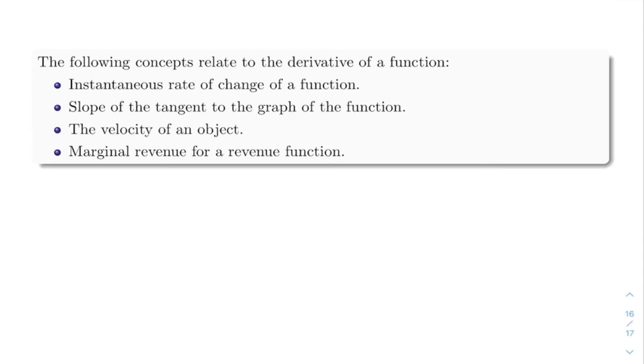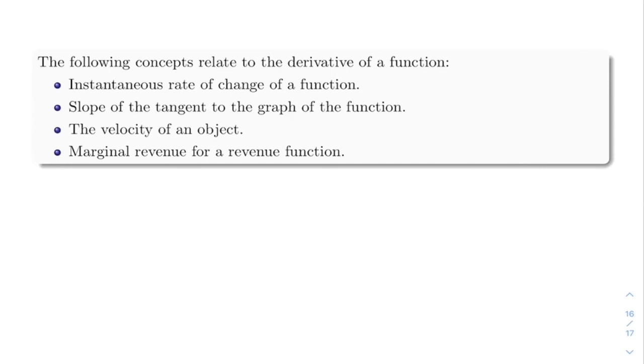To summarize this video, notice that all the following concepts relate to the derivative of a function. The first motivation was to find the instantaneous rate of change of a function. We also found that the derivative is equal to the slope of the tangent to the graph of the function.